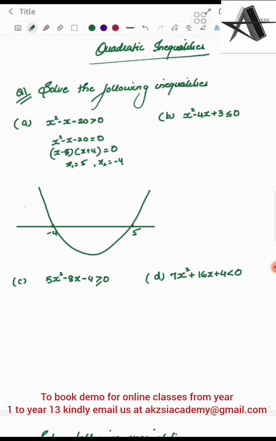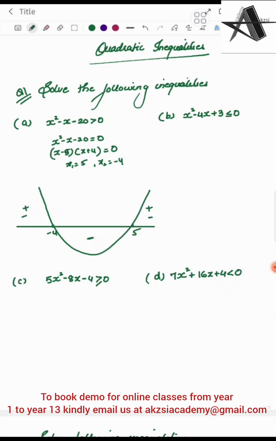As I told you, it's divided into positive, positive, and a negative region. Depending upon the question, we decide which region to select. It says x squared minus x minus 20 greater than 0. If it's greater than 0, I will select a positive region. Greater than means we are looking for y that should be greater than 0, above the axis. That means this positive region.